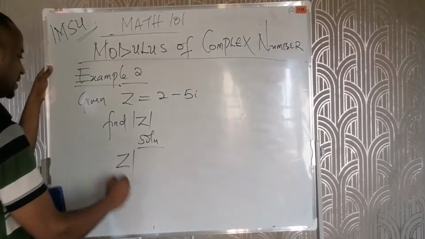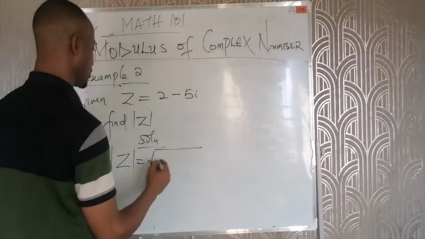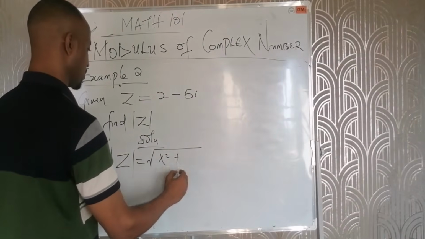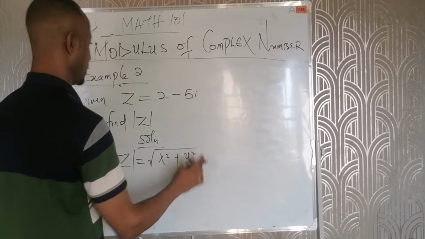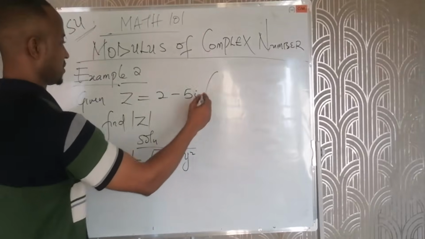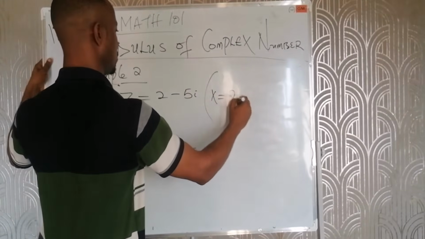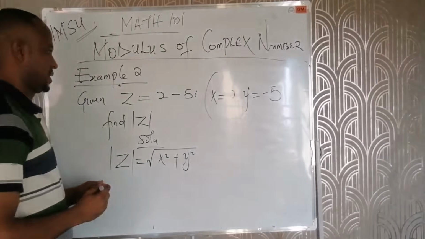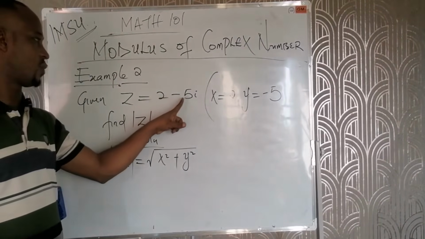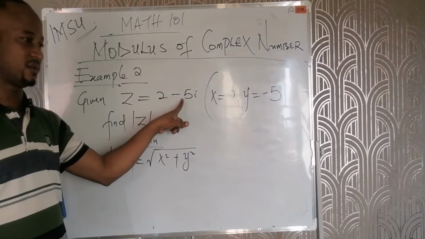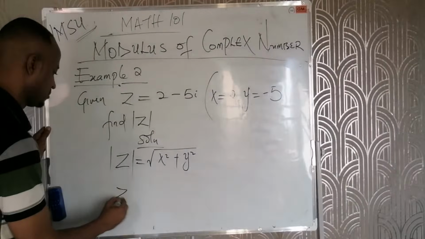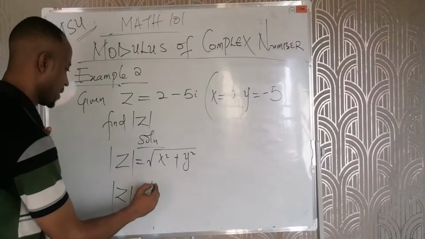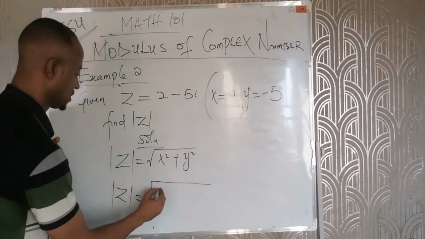The modulus of z is the square root of x squared plus y squared. Don't forget that for this expression, our x is equal to 2 and y is equal to negative 5.